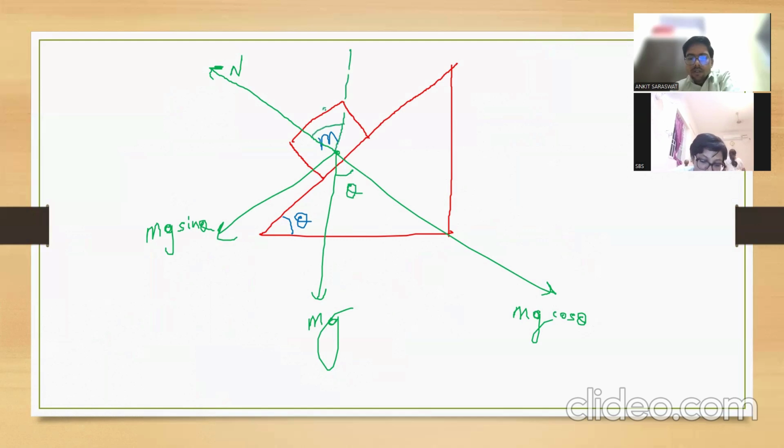Don't worry. Same thing, I'm not teaching anything advanced. Next, in numericals this will help you. If I ask you to draw the free body diagram in this case, like this.